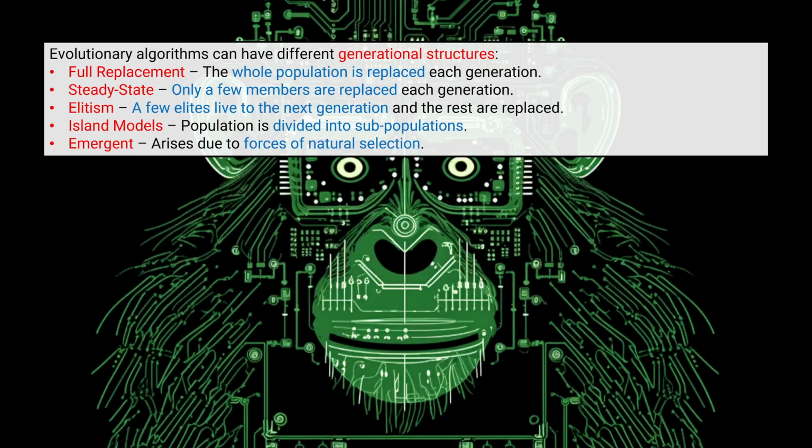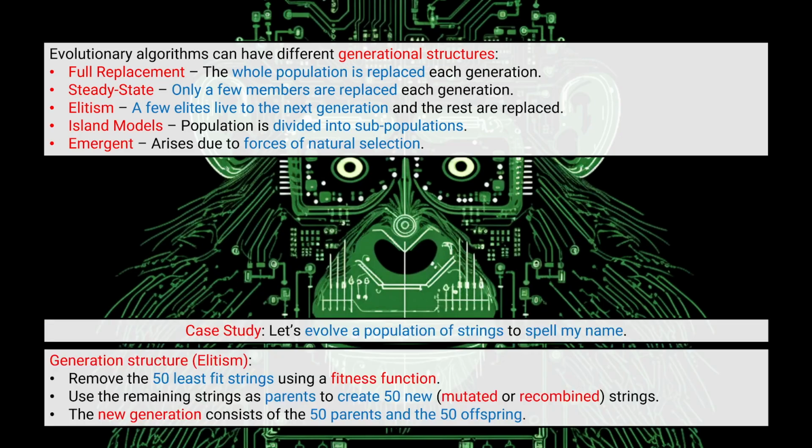Again, we're trying to build a pretty simple evolutionary algorithm. In my case study here, I'm going to elect for an elitism kind of structure, but one that's dead in the middle between elitism and steady state. We've decided on a population of 100 agents, and for my generational structure we're going to keep 50 and kill 50.